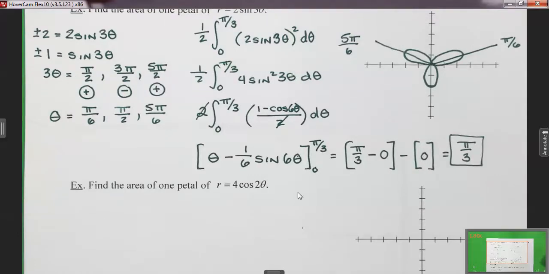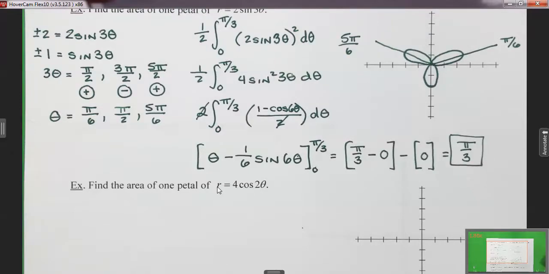How do you know when you're supposed to do that stuff on the left that we did at first? You do it all the time with pedals. So this one is 4 cosine 2 theta that has pedals, so you're going to set r equal to plus or minus 4.